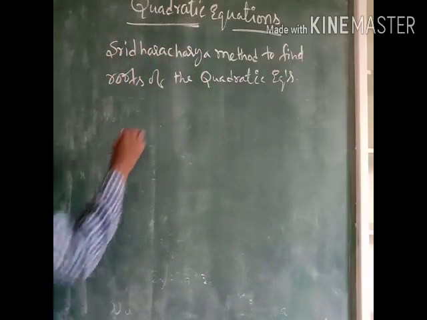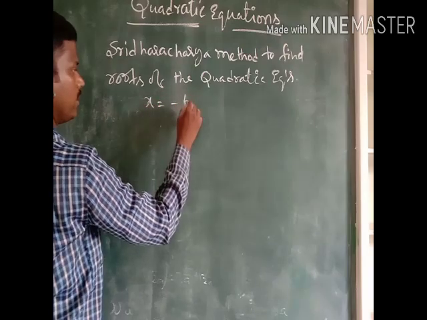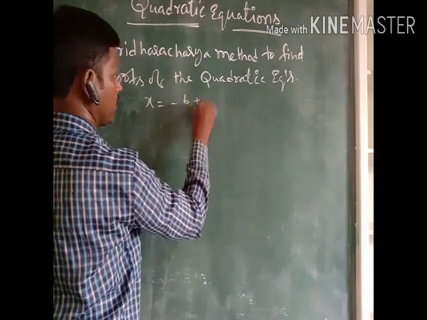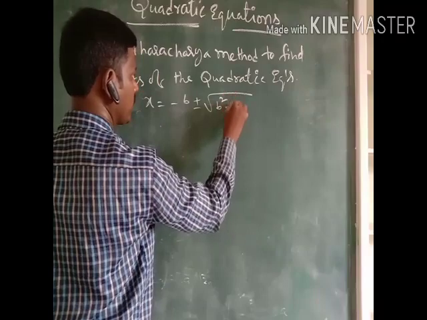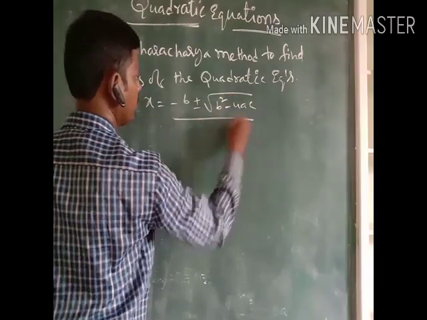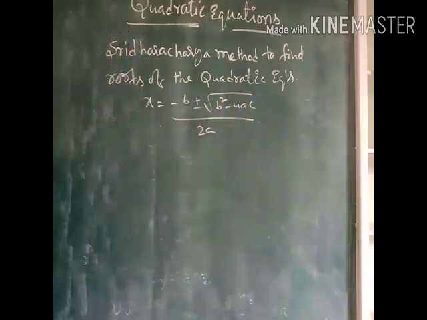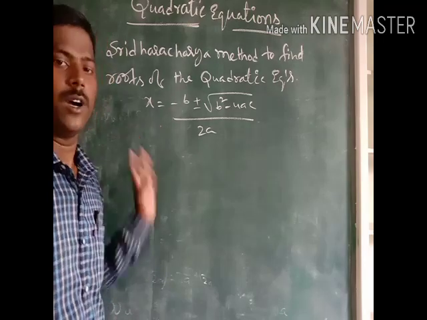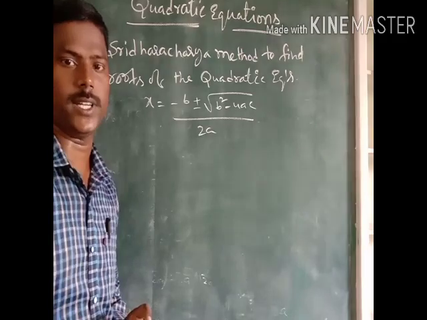The above method is called the Sridharacharya method. That is x equal to minus b plus or minus square root of b² minus 4ac by 2a. This method is called the Sridharacharya method to find the roots of the quadratic equations.